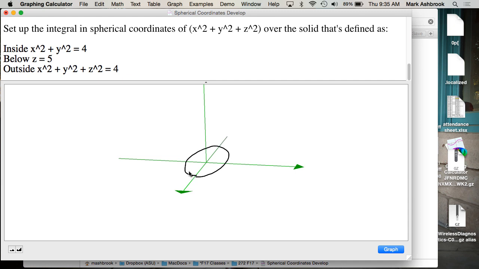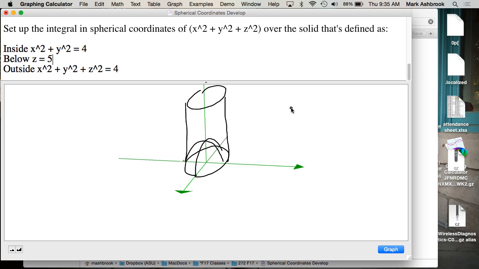Okay, so then there'll be the sphere. So the top of the sphere will act as the bottom, right? And then the top of it will be z equals 5.